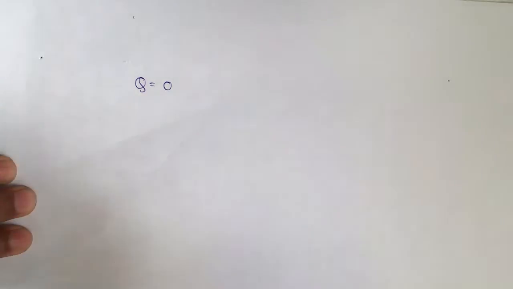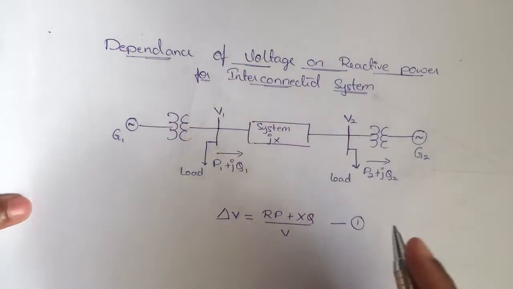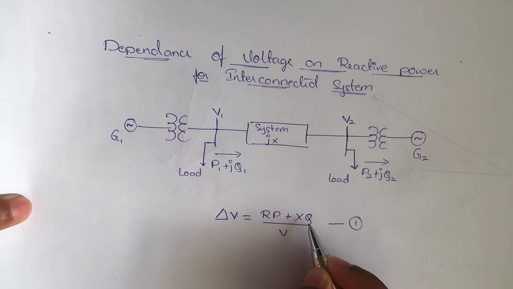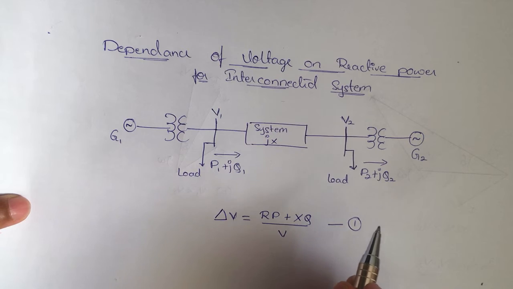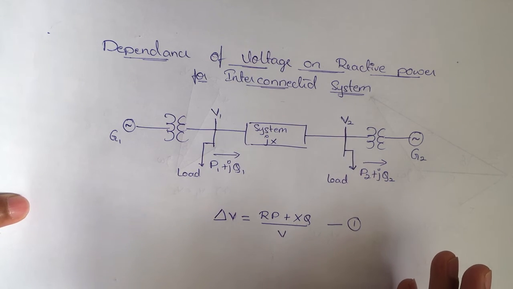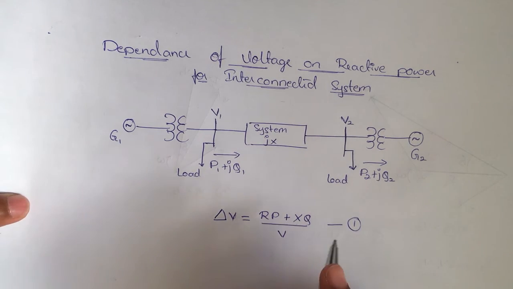From equation 1, if it is 0, the voltage drop will not be much compared to the previous one. If we mark Q equal to 0, it will be neglected.